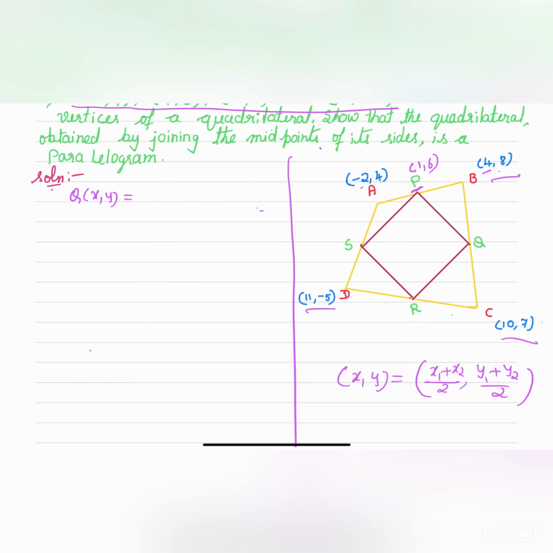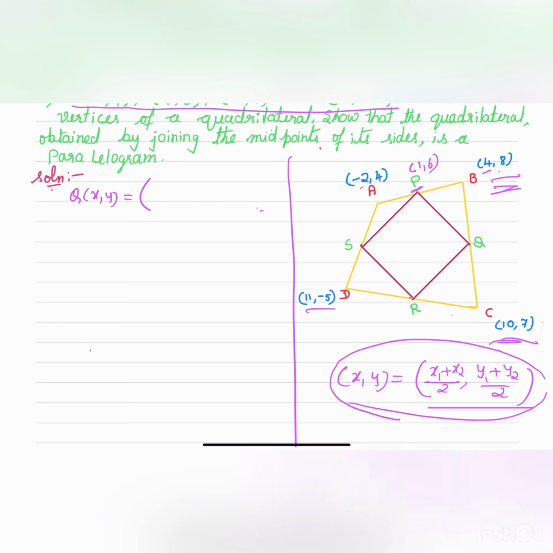To find the coordinates of Q. Q is the midpoint of BC, and hence we are taking the coordinates of B and C and substituting the values of x1, x2, y1, y2 in the midpoint formula.